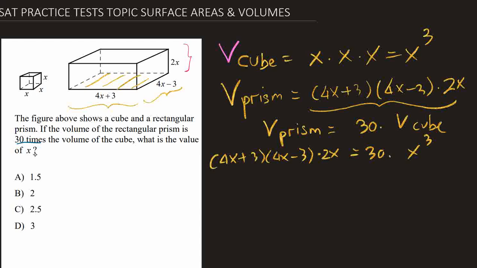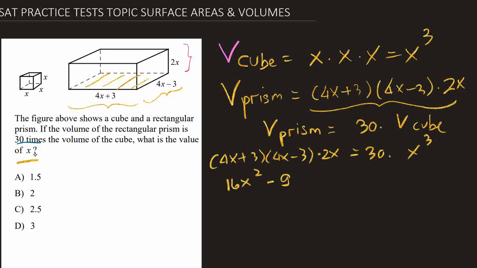Now we have to solve this equation to find the value of x. So it will be 4 times 4x is 16x squared minus 9. 3 squared is 9.